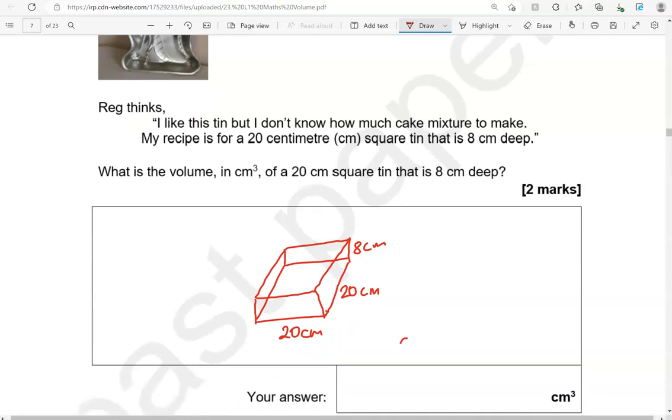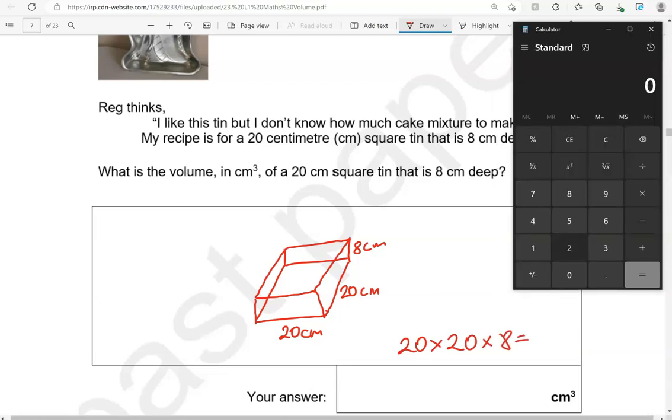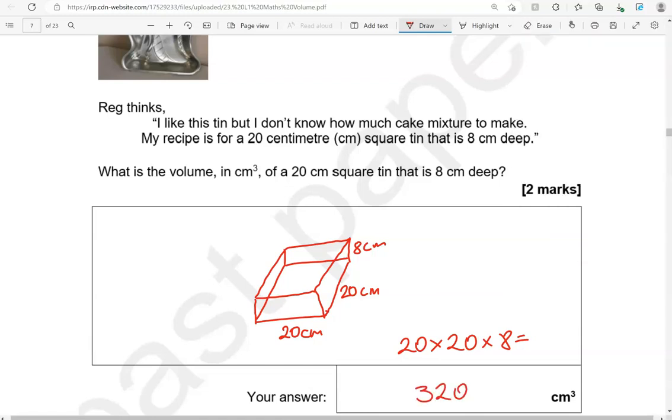So we'll do 20 times 20 times 8. Which is 3,200 cubic centimeters.